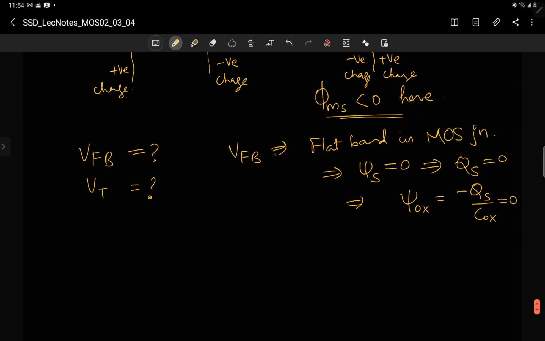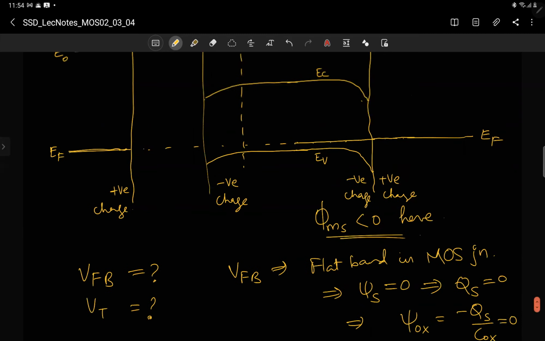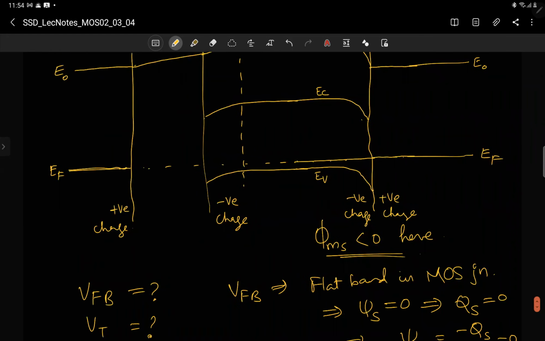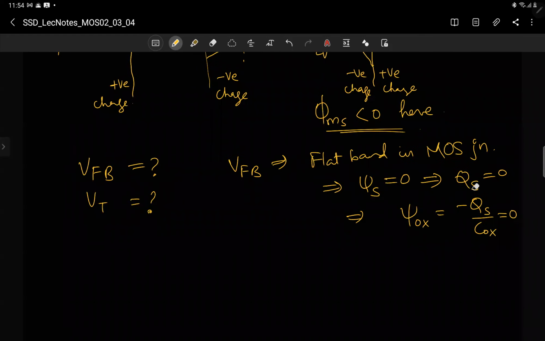Flat band indicates psi s is 0 because bands are flat. Only if there is a variation of EC or E0 is there a potential variation. Otherwise there is none. So flat means psi s equal to 0. If bands are flat, then the charge also will be 0, which means psi ox also is 0, because QS is 0 and psi ox is given by this relation.